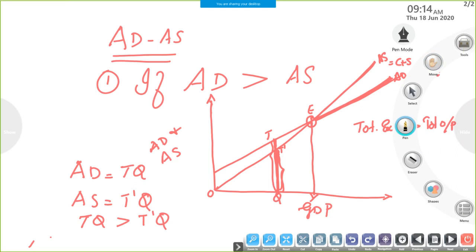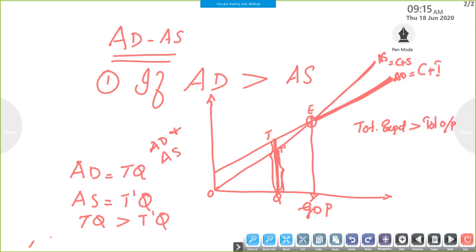Okay. So demand is more, but in the economy that much production is not there. So think about how the economy is restored to the equilibrium position.